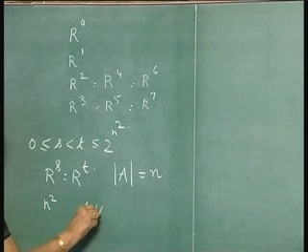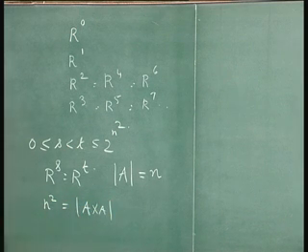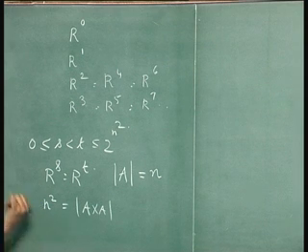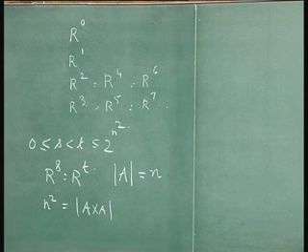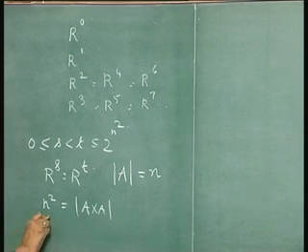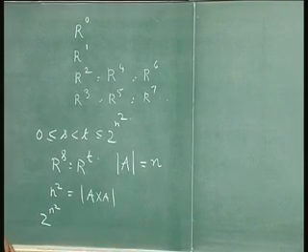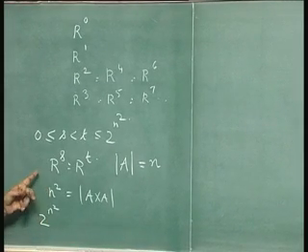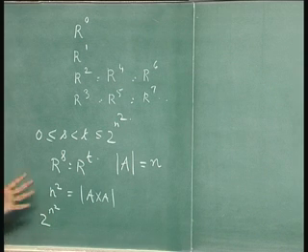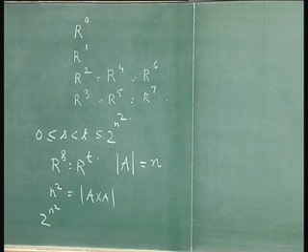A cross A will have n squared elements. And any relation on A cross A can include each one of them or exclude each one of them. So, possibly you can have 2 power n squared distinct relations on A, because if you look at it as a graph, each one of the arcs may be present in the relation or not present, and maximum you are having n squared arcs.